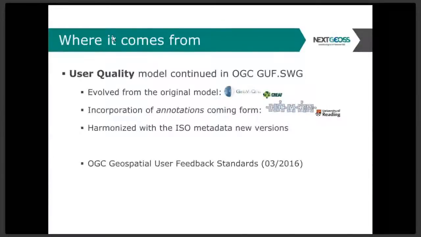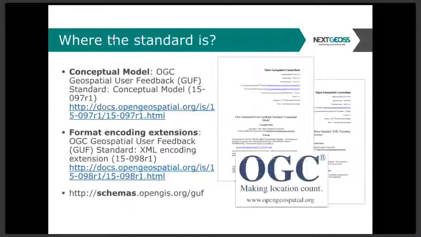So we founded a group in the OGC, the Open Geospatial Consortium, and in 2016 we managed to produce a couple of standards that were approved by the community and now represent part of what is called the OGC baseline. This is a conceptual model and an encoding for the feedback.